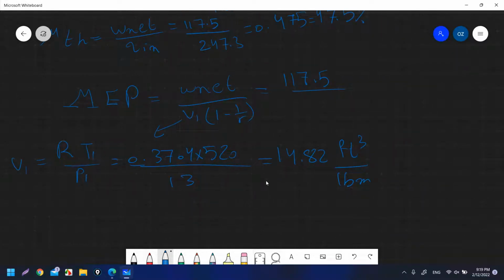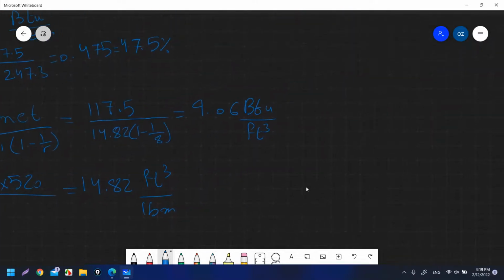So the mean effective pressure will be equal to 14.82 times (1 minus 1 over R, where R is 8), and this will give you 9.06 BTU over feet cubed. But we usually use pounds per square inch, so we have to multiply by a factor.